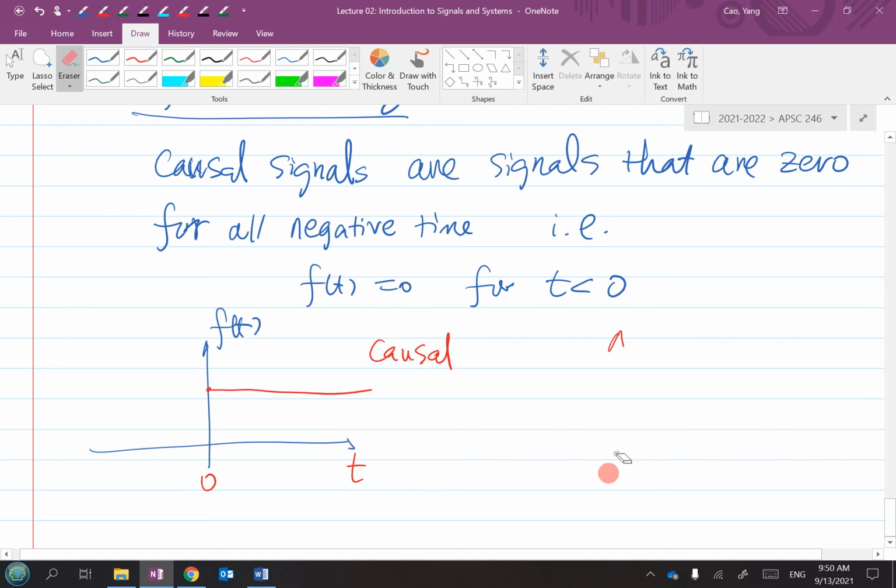However, if you have a signal like this, with a non-zero part when t is less than 0, then this is a non-causal signal.